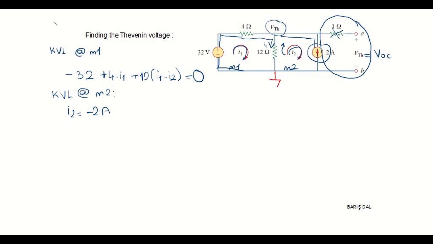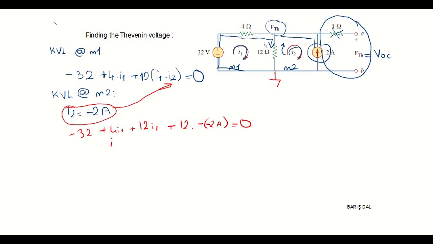If we substitute this 2 amperes to here, then we find that minus 32 plus 4 I1 plus 12 I1 times minus 2 amperes, minus 2 amps, should be equal to 0.